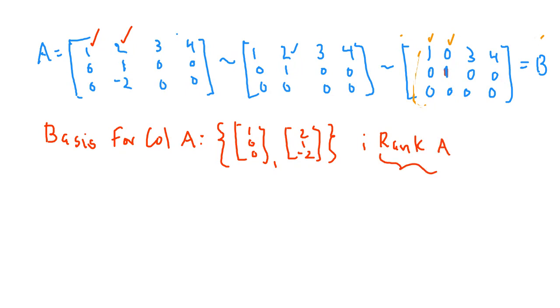The rank of the matrix A, remember, is the dimension of the column space of A. What's the rank equal to? How many vectors are in the basis? 2. That's right, Melvin. The dimension of the column space of A is the number of vectors in the basis for the column space of A. And we have these 2 here.